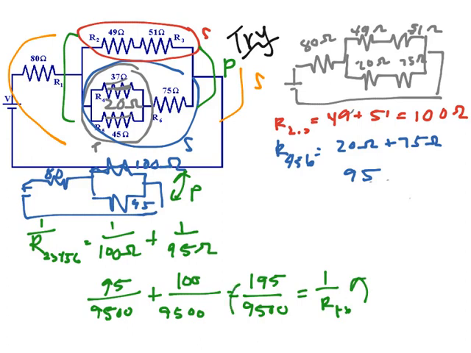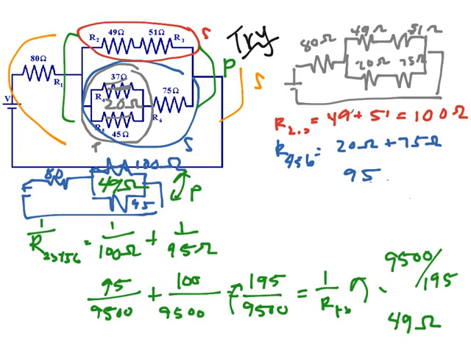Flip both of them. So it's equal to 9,500 divided by 195, which is going to equal 48.7, so you're going to round up to 49 ohms. So again, this whole thing here is 49 ohms.